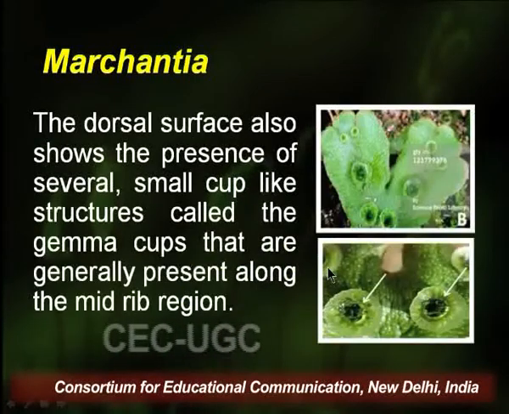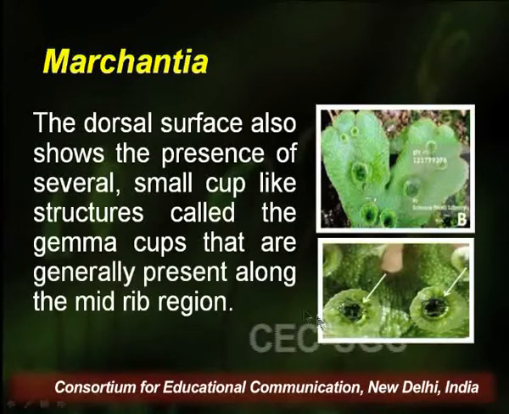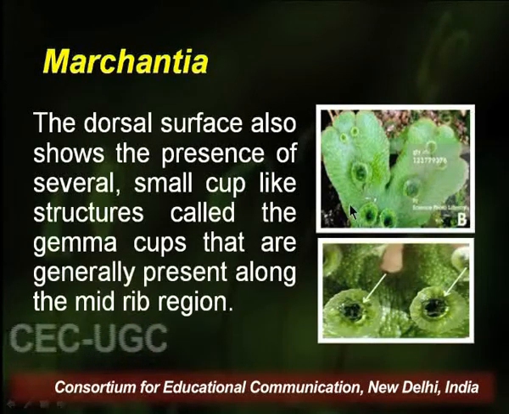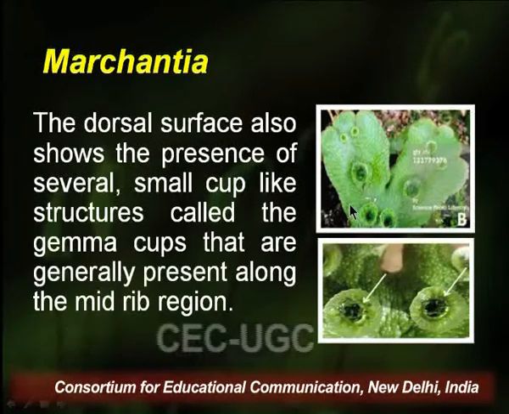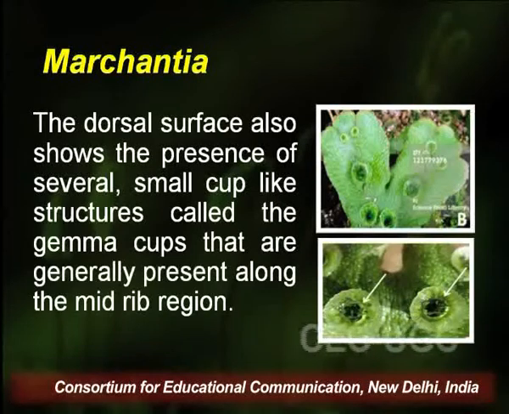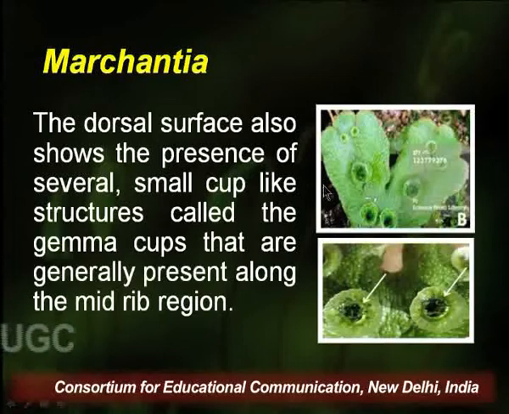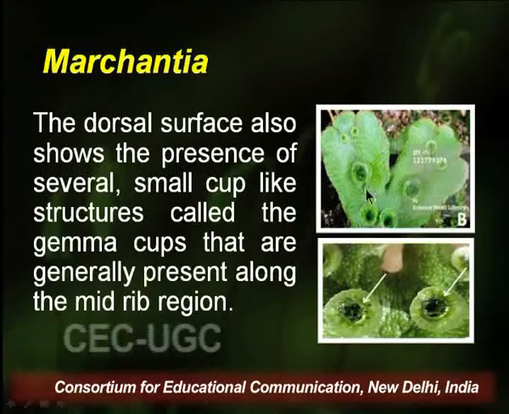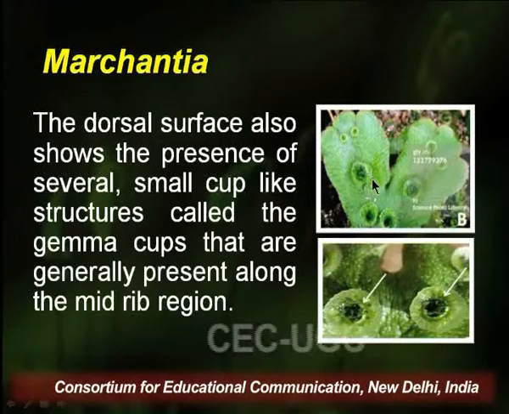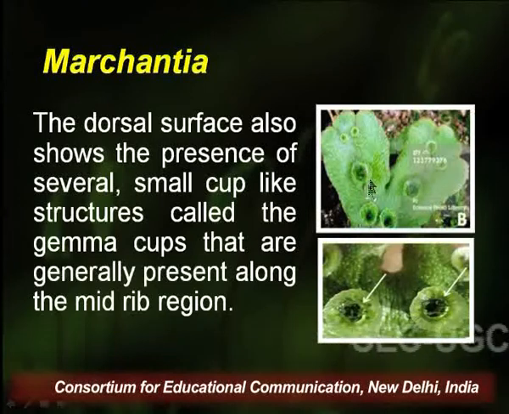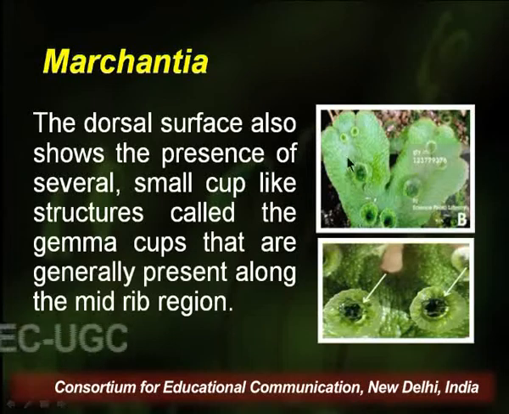Each rhomboidal area represents the corresponding air chamber lying below. The dorsal surface also shows the presence of several small cup-like structures called gemma cups. They are generally present along the midrib region. Here in this diagram, you could very well see these saucer-shaped or cup-shaped structures called gemma cups.